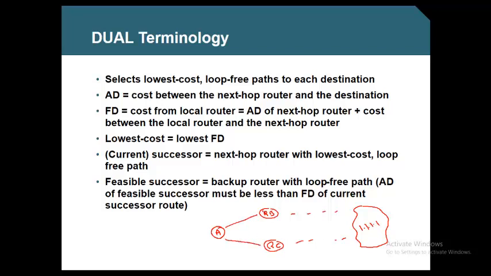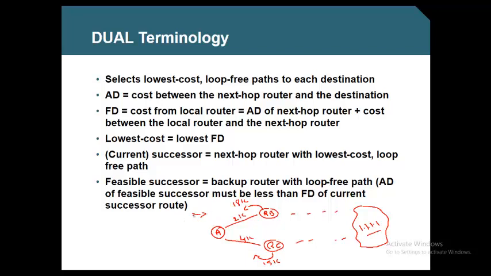Now, A is receiving 18,000 from router B. C is sending 15,000 for the same network. Now here, let's say the link cost is 2K. Here, let's say 4K, 4,000. Now tell me, what is the FD via router B?